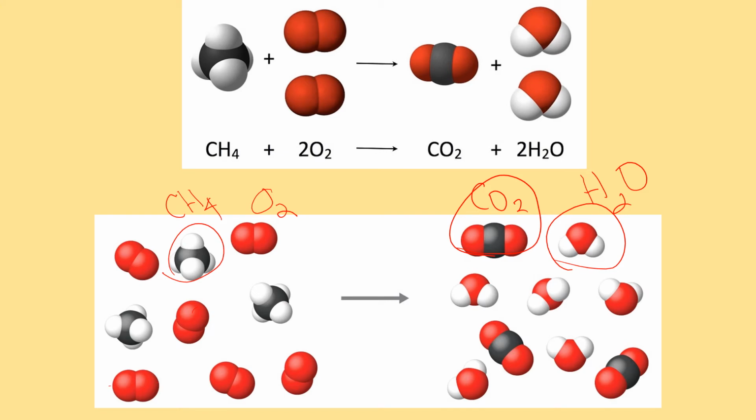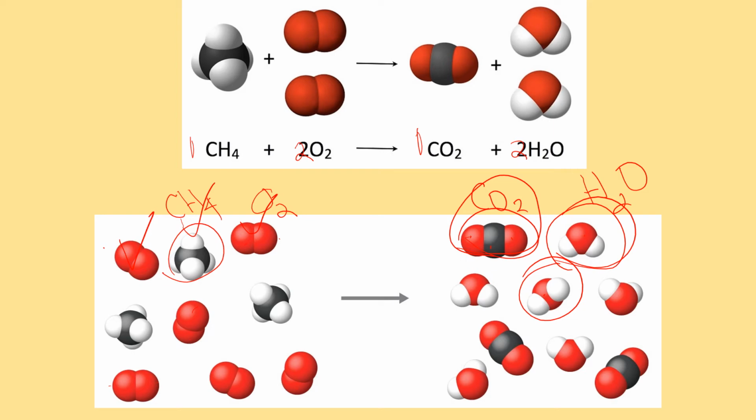So it says for every one of these, we're going to need 2 of those to get 1 of these and 2 of those. All right, so 1 of these, okay, and 1, 2 of those gives me 1 of these and 1, 2 of those. So 1, 2, 3, 4, 1, 2, 3, 4, and 1 black, 4 white.